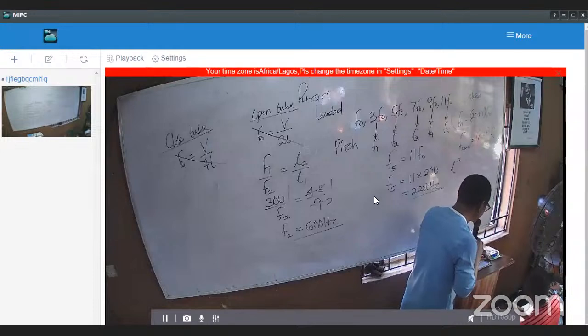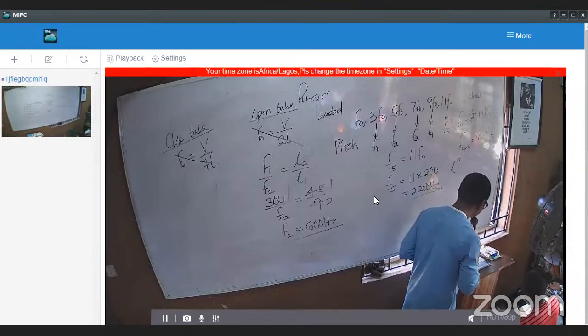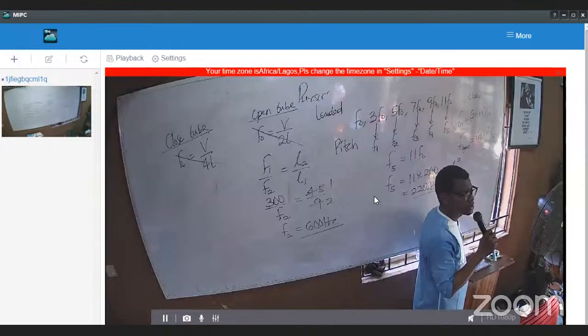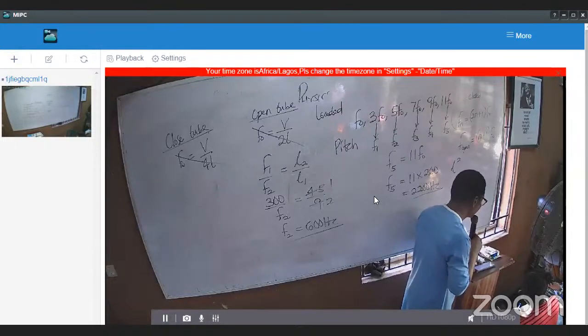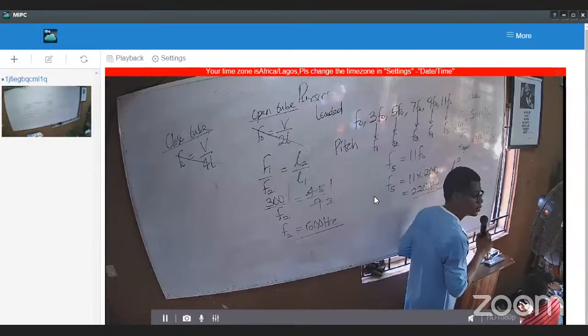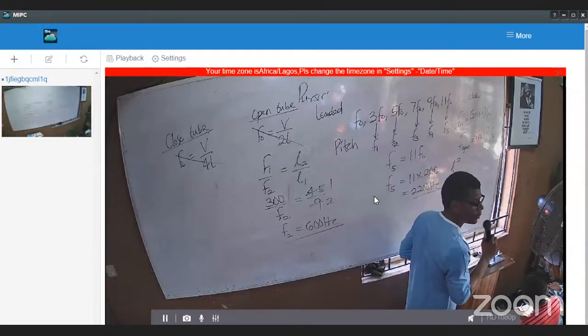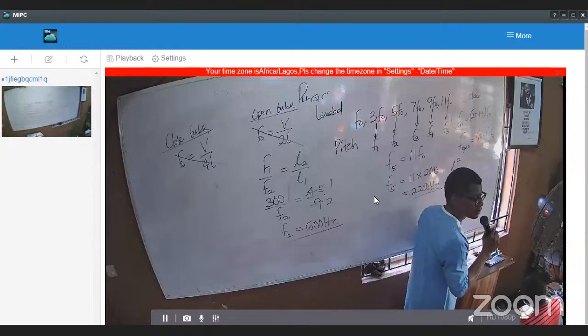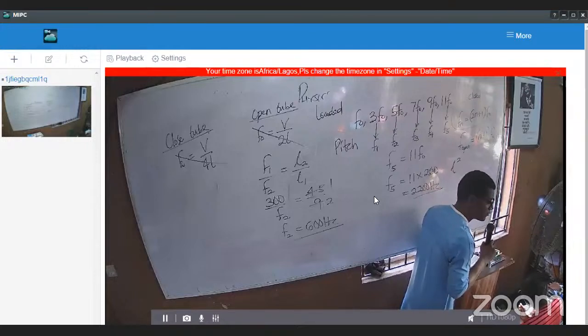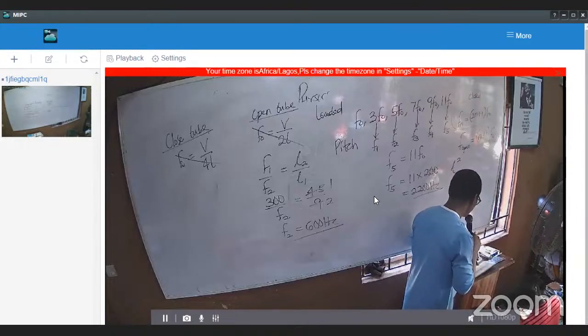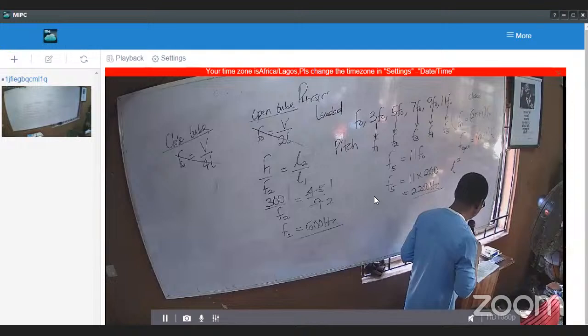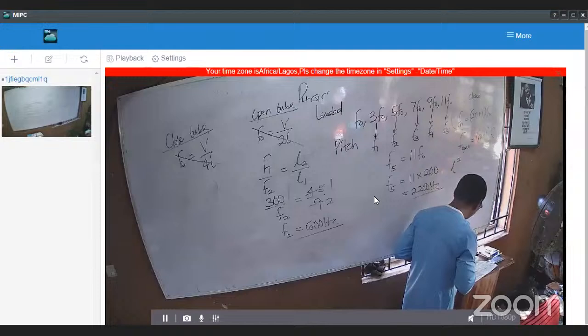If the distance from a point source of sound is doubled, by what factor does intensity decrease?